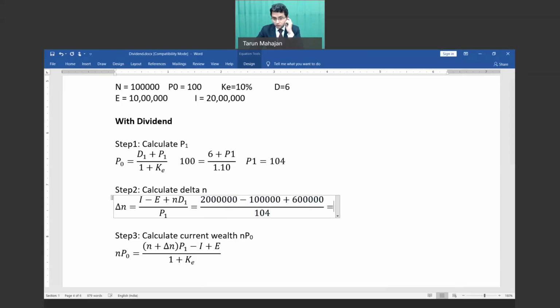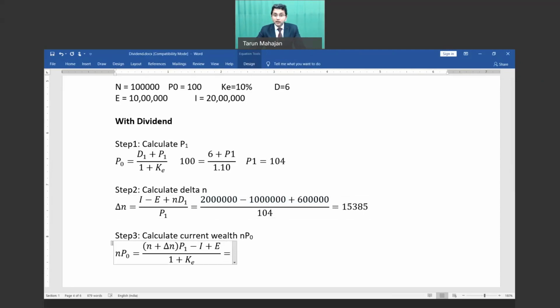When I solve it, in the numerator it should be 10 lakhs, right? 20 minus 10 is 10, 10 plus 6 is 16. 16 lakh divided by 104 is 15,385 shares. So I'll have to issue 15,385 shares.